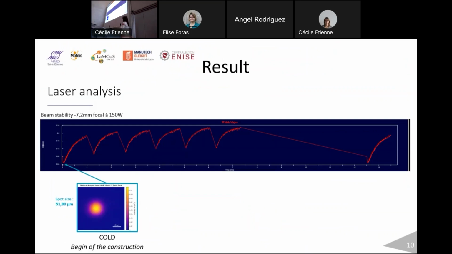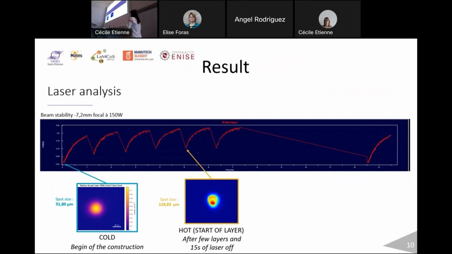At the beginning, when the machine is cold and it is the very beginning of the fabrication, we have a really good spot of about 50 micrometers. But after a few cycles, one cycle, one layer with the laser, is about 45 seconds, plus the recoater that puts down a new thin powder bed, which is 5 seconds. So one cycle is about 1 minute.